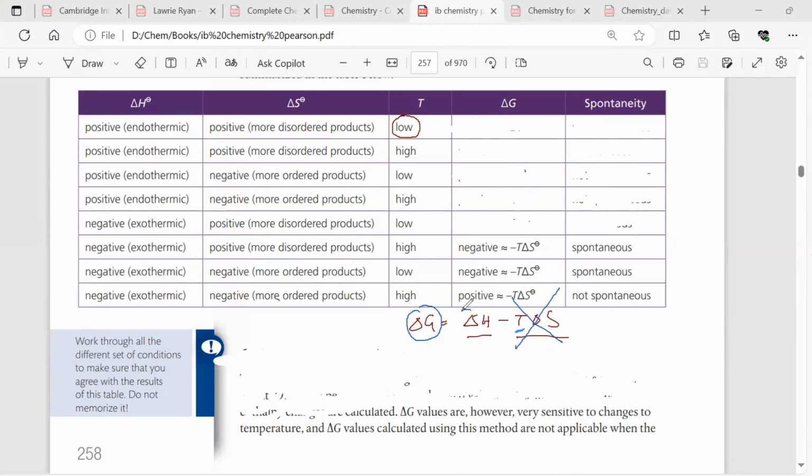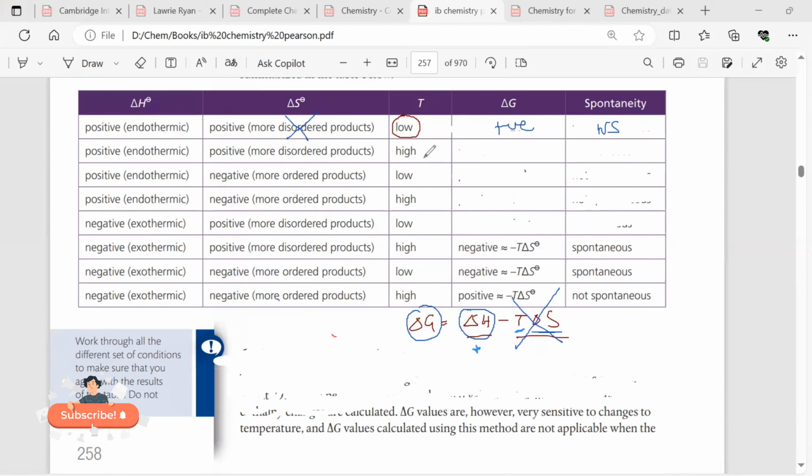Only on the enthalpy sign. What is the enthalpy sign over here? Does it depend upon the delta S? No. So this is not required. Whatever the value is, it's positive. So write down over here, delta G is positive. So it is spontaneous or non-spontaneous? Non-spontaneous. Very good.